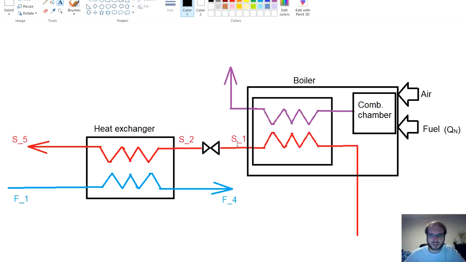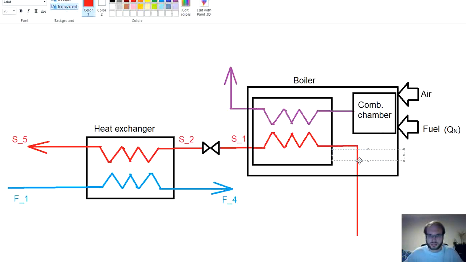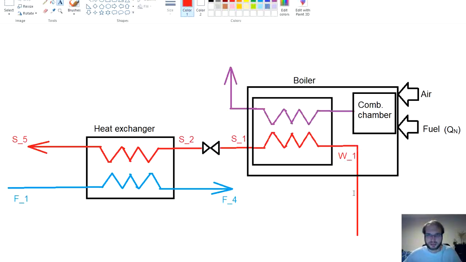So now let's add further notation to our process flow diagram and to our streams. So here we had the point S1. Let's add here the point W as water that goes in, and perhaps also 1.